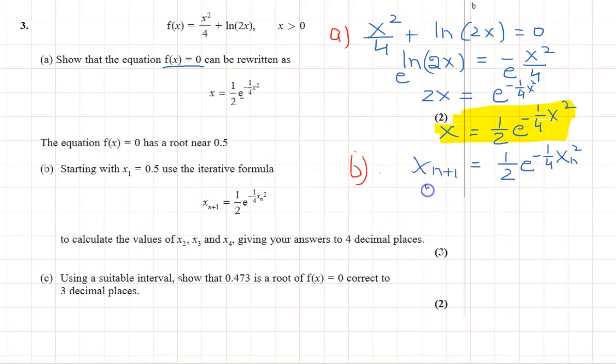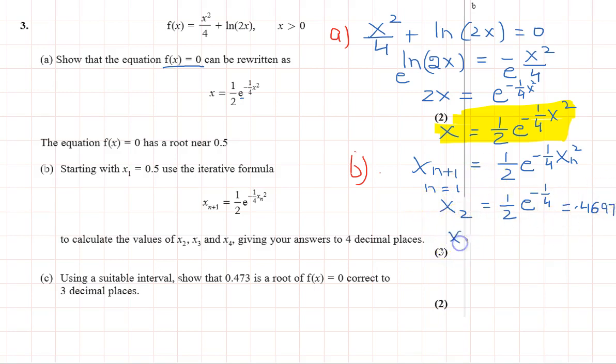For x2, let n is equal to 1. x2 is equal to half e to the power minus 1 over 4, and 1 squared is 1. So x2 will be equal to 0.4697.